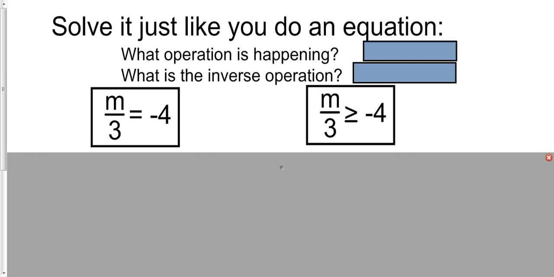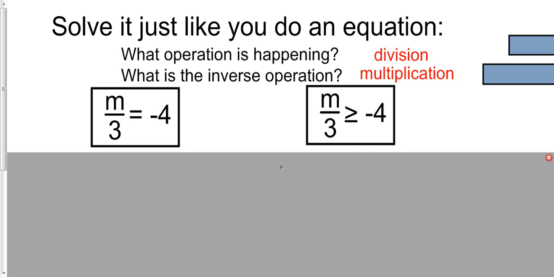Okay, let's try another one. This time a division. Notice I have the division equation, a number divided by 3 equals -4, and a similar inequality, a number divided by 3 is greater than or equal to -4. First question you should ask yourself: what operation is happening? Division. What is the inverse operation?